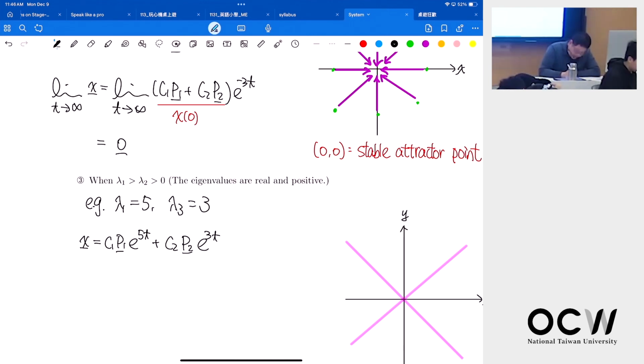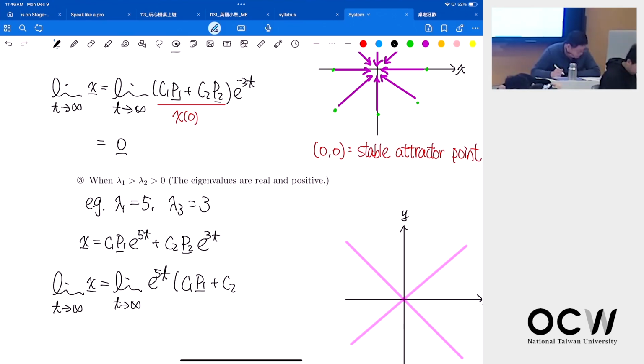When I take the limit as t goes to infinity, we take the common term outside, say e to the 5t outside. We have c1 p1 plus c2 p2 e to the minus 2t.